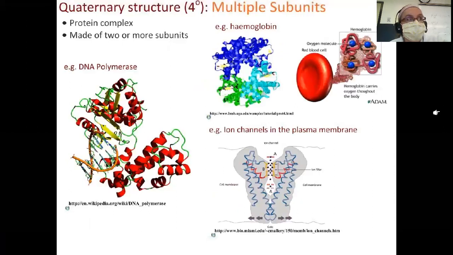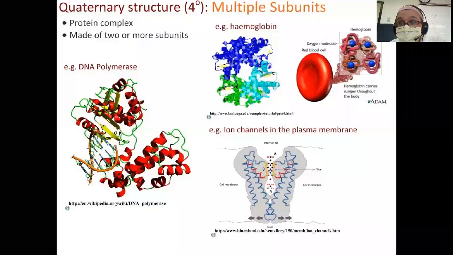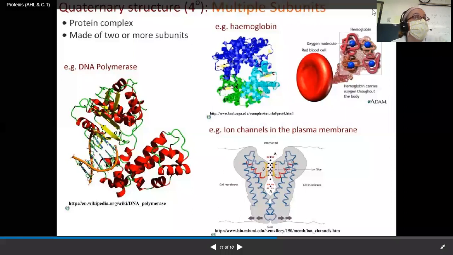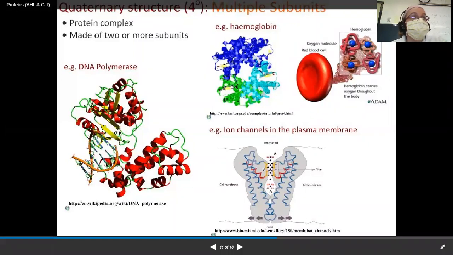And then here's quaternary structure, so you can see. Okay, so here's an example of hemoglobin. This is the ribbon model. This is a more cartoon stylized version, but there are 4 polypeptides in it, 4 subunits.